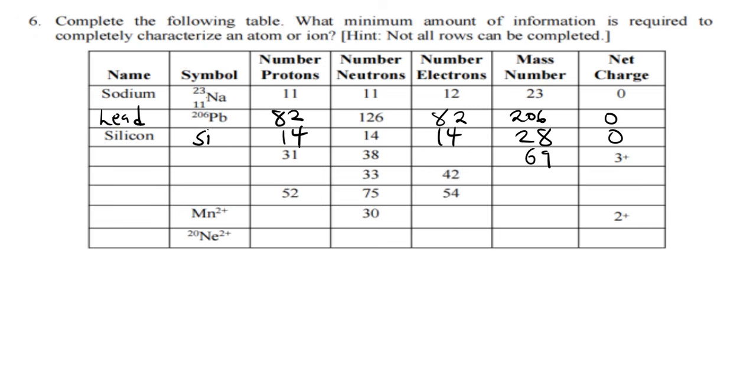We're going to have 28, right? 28 electrons. The difference between them is 3 electrons, because we've lost 3 electrons. That's what the 3 plus means. So instead of having 31 electrons, we have 28 electrons there.